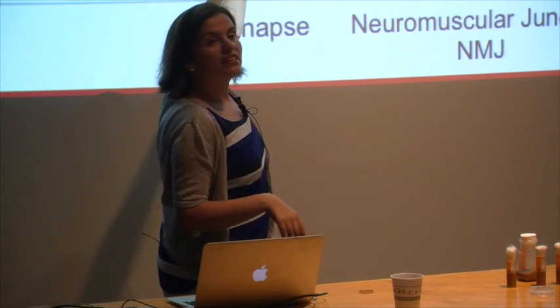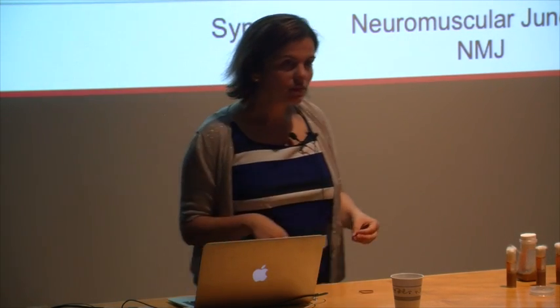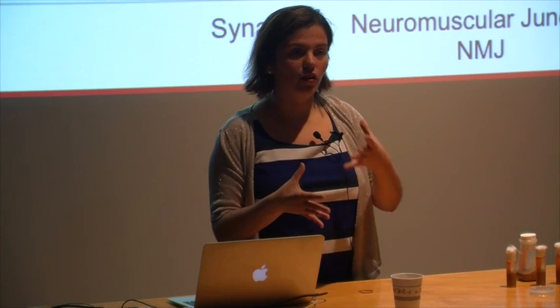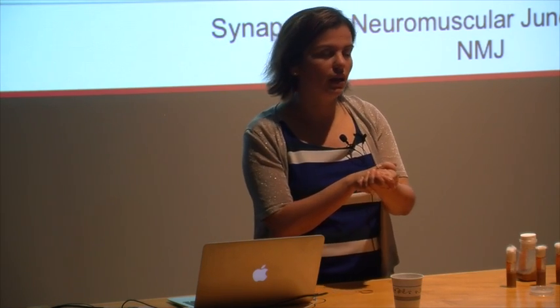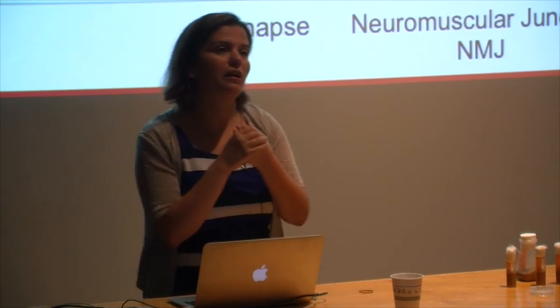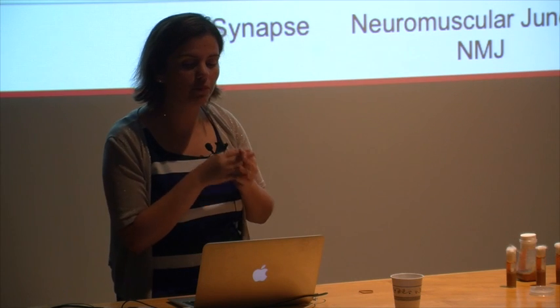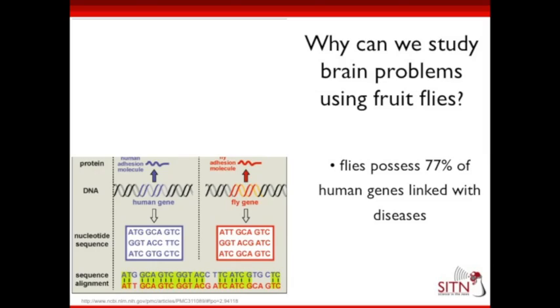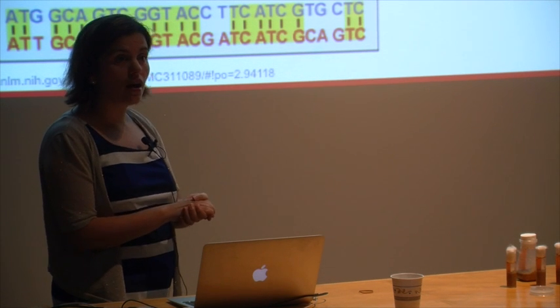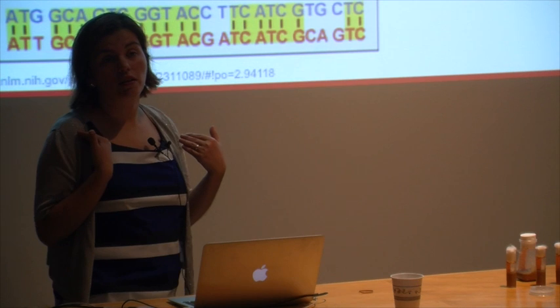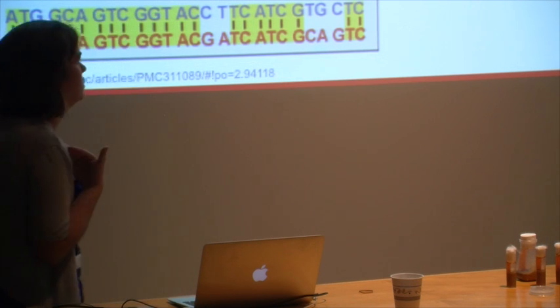All the activity that happens here is highly conserved with what's happening in your brain. I will explain in a little more detail what I mean by conserved, because it's a really important concept. For example, 77% of the genes of a fly are conserved in the ones that we know for human diseases.